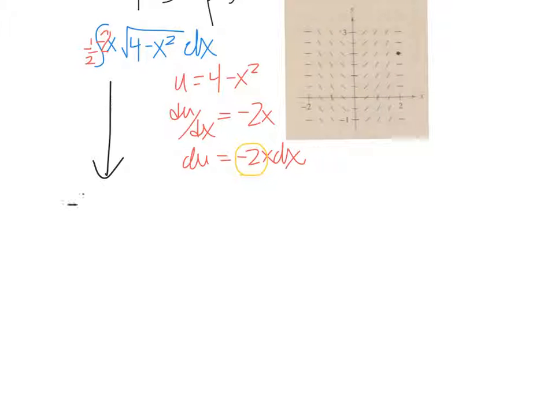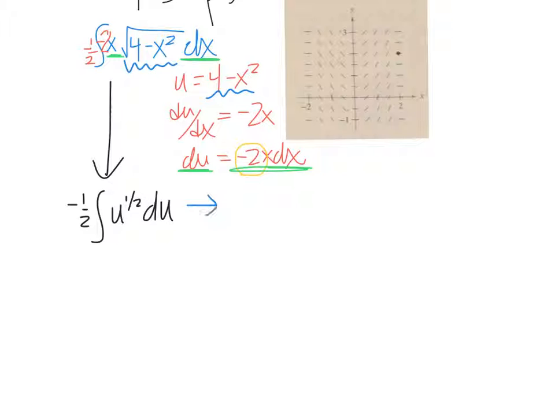I have negative 1/2 the integral of u to the 1/2 du, just to make sure we're good on all of the substitution. So notice that du is negative 2x dx, so that becomes du. And then u was 4 minus x squared, which is right there. And then the square root is the same thing as the half power. So that's why I have this substitution.